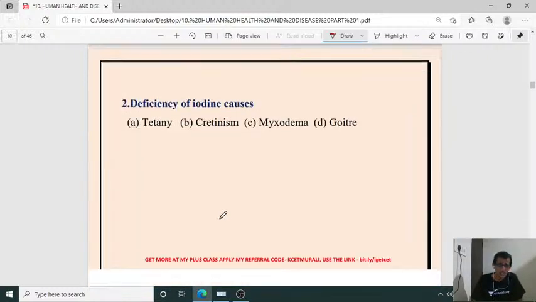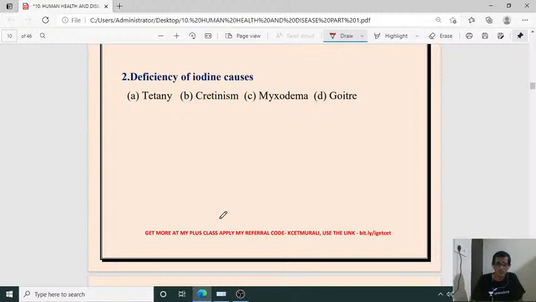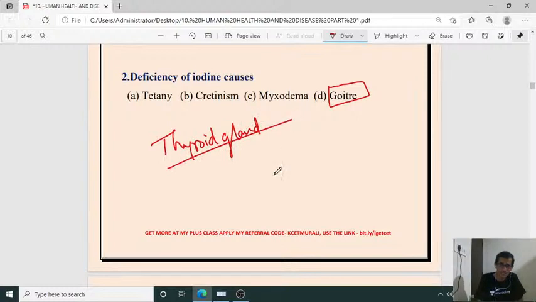Second question. Deficiency of iodine causes what? As we all know, it is goiter. So deficiency of iodine is going to cause goiter. If you take our thyroid gland, deficiency of iodine will affect the production of thyroid hormone.